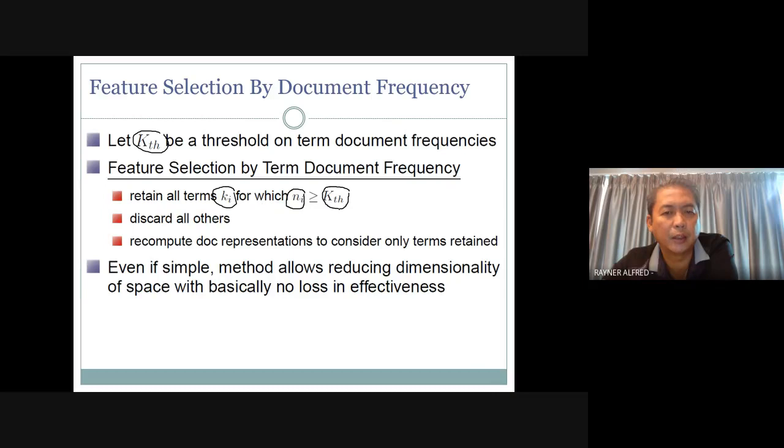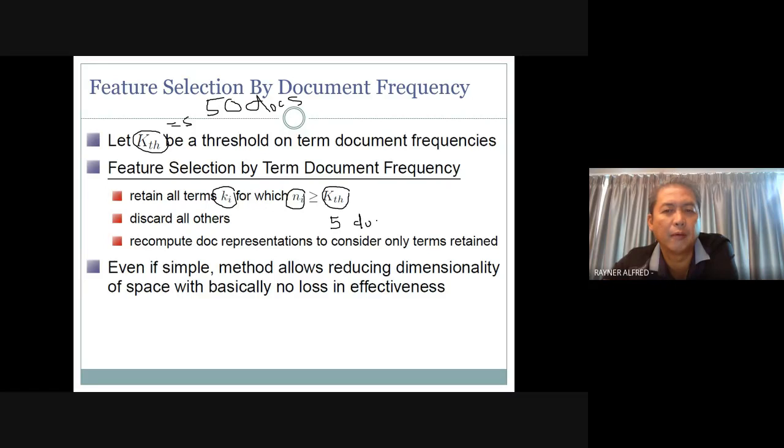For example, let's suppose we have 50 documents, and let's suppose the threshold is 5. That means we want to retain all the keywords for which the number of documents that contain keyword i is greater than or equal to 5.